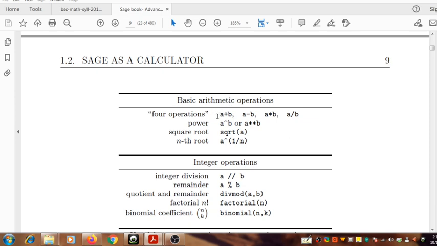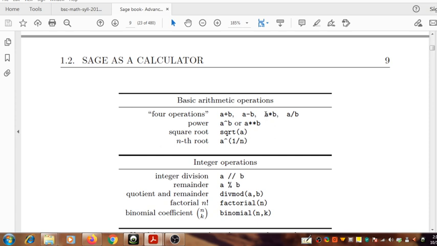For addition, the syntax is a plus b, where a and b are two numbers. For subtracting a number b from a, you have to write a minus b.